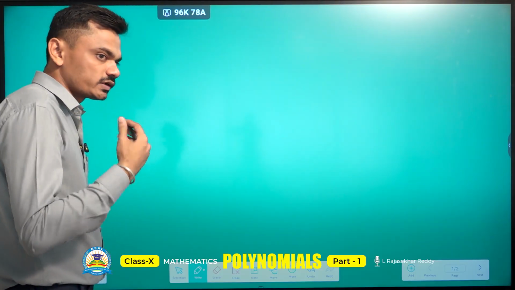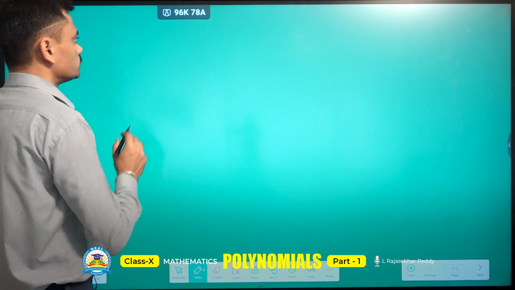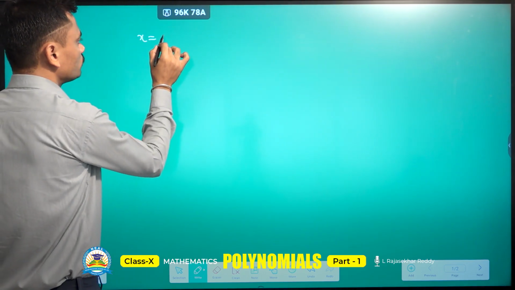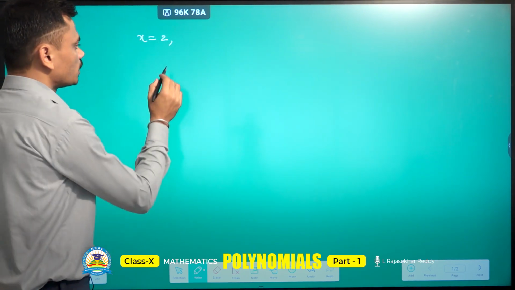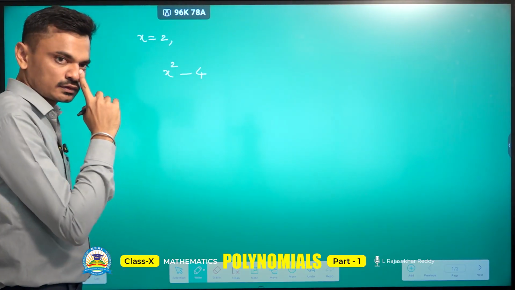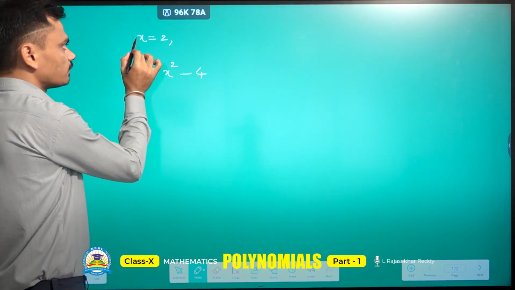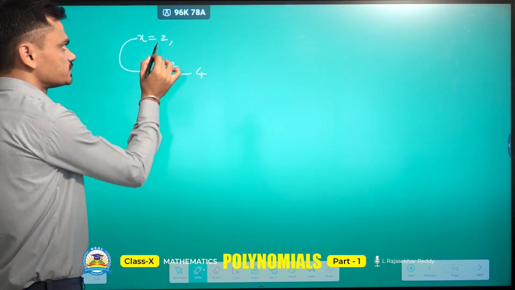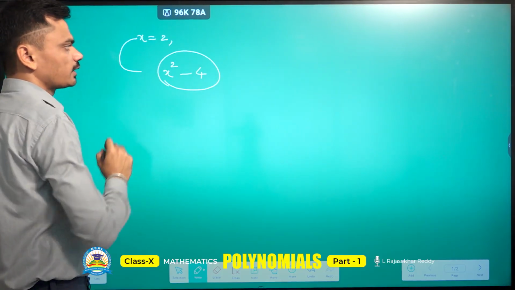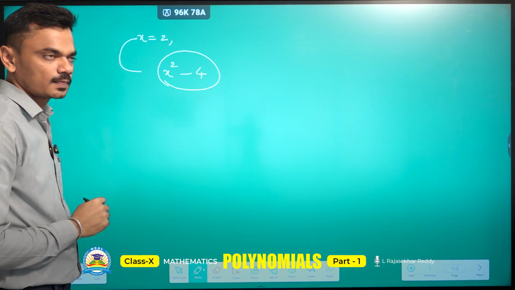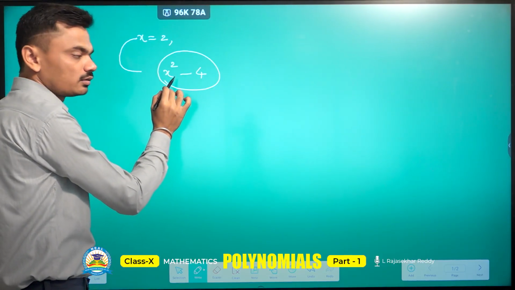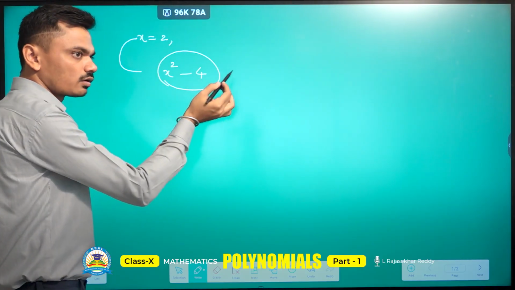Sometimes in the question itself they will give a value of the variable. Suppose x equal to 2 and one polynomial x square minus 4. The question is: check whether x equal to 2 is a 0 of the polynomial x square minus 4 or not.